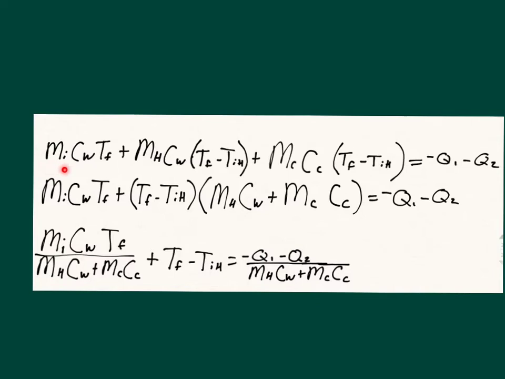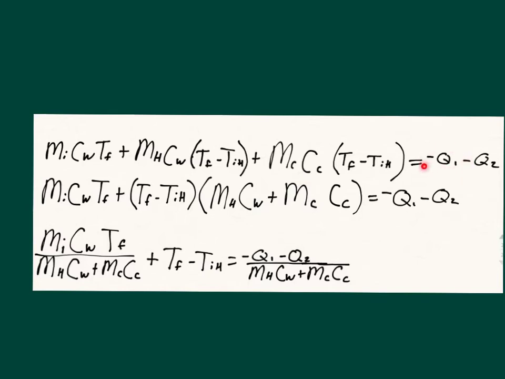So this is now the mass of the cold water, but it's the same as the mass of the ice, times the specific heat of water times the final temperature, because the initial temperature is 0, so the final minus initial is going to equal the final temperature, times the mass of the hot water times the specific heat of water times the final temperature of the system minus the initial temperature of the hot water. And since the initial temperature of the hot water and the initial temperature of the copper were the same, these terms are the exact same. So this is the mass of the copper times the specific heat of copper.